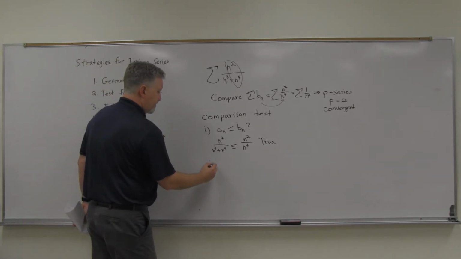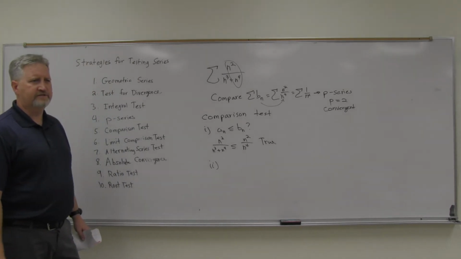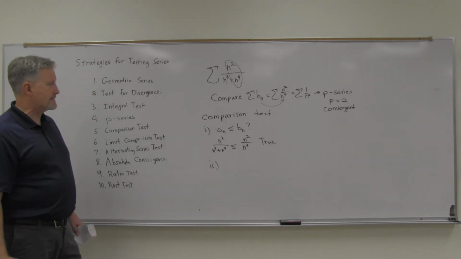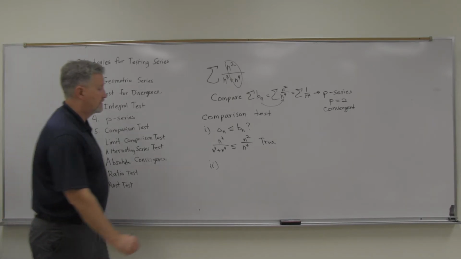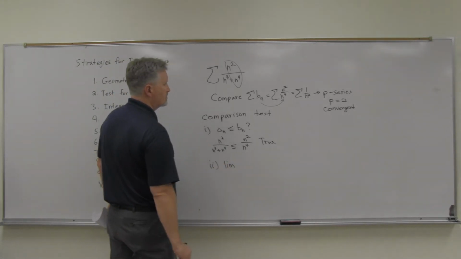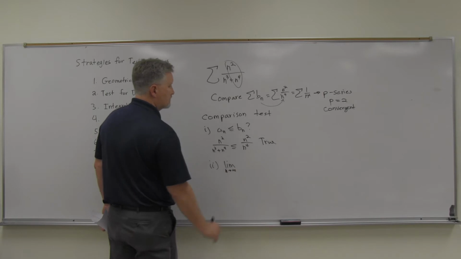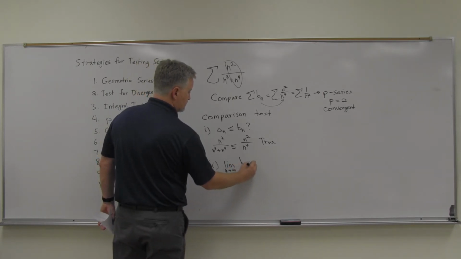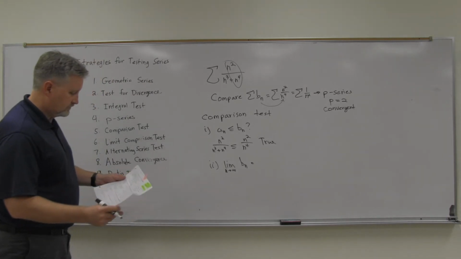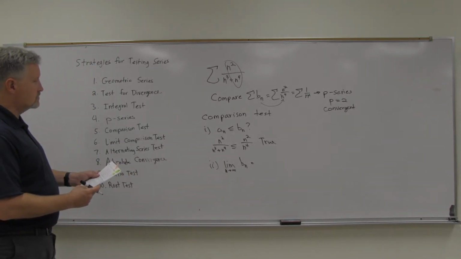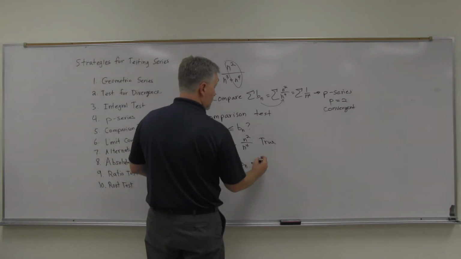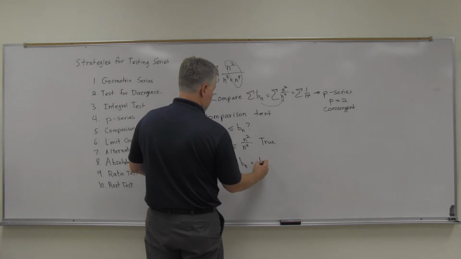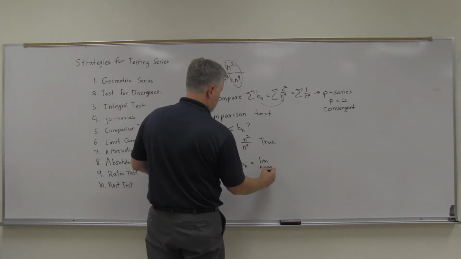All right, so then part two, what do we need for part two? Comparison test. The limit of the B sub n. Is that right? Yeah.